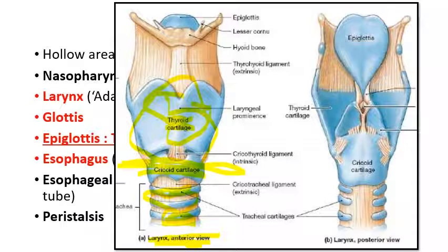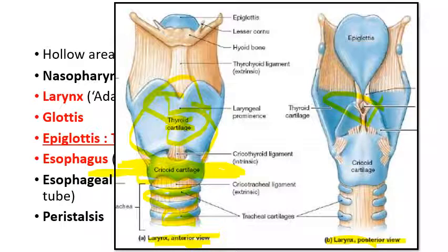The answer is the cricoid cartilage. So this band of cartilage here is the official dividing line between the upper respiratory tract and the lower respiratory tract.